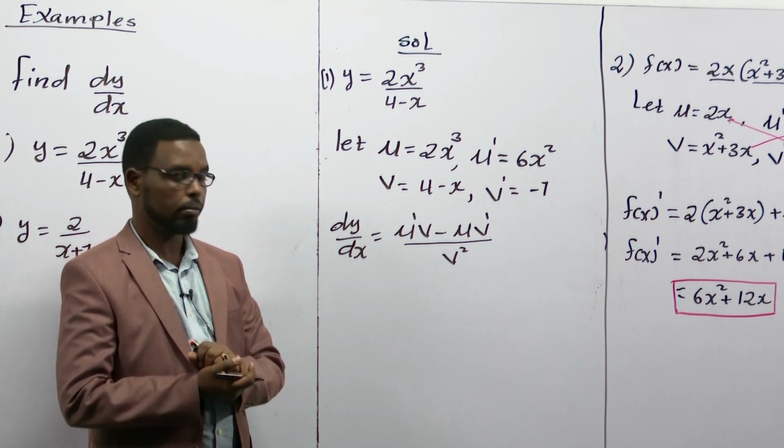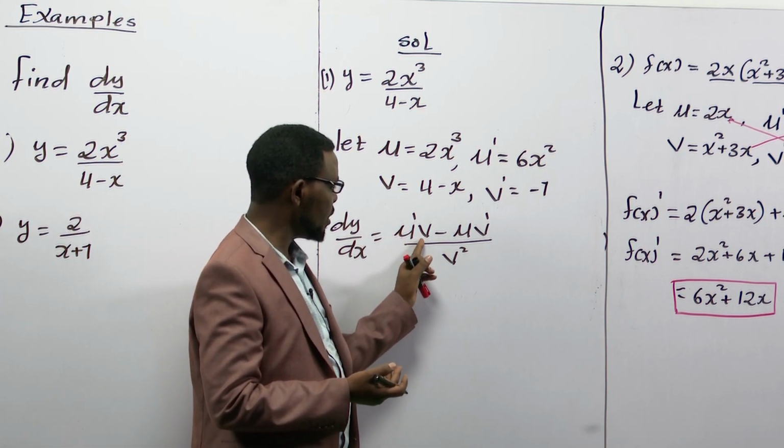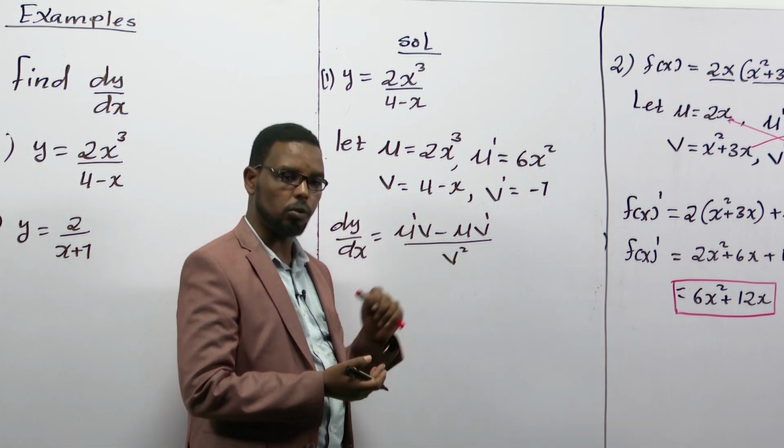This will be our formula. Then substitute. You have u prime, phi, u, phi prime, all those.